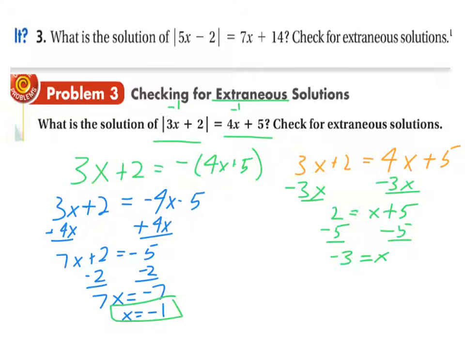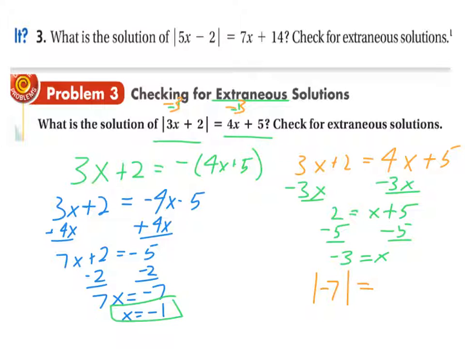If, on the other hand, instead of negative 1, we put in that negative 3 instead, now on the left-hand side we get negative 9 plus 2, which would be a negative 7. Of course, the absolute value of that ends up being 7. So we get 7 on the left, or absolute value of negative 7, however you want to think of that at this point.